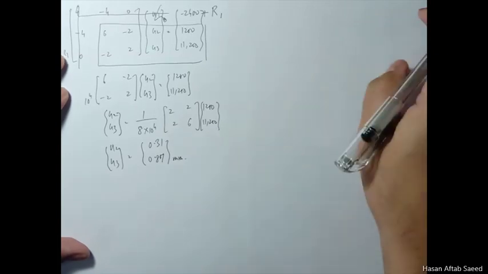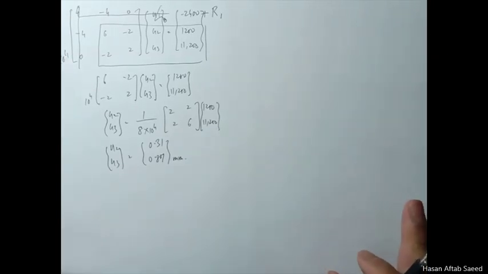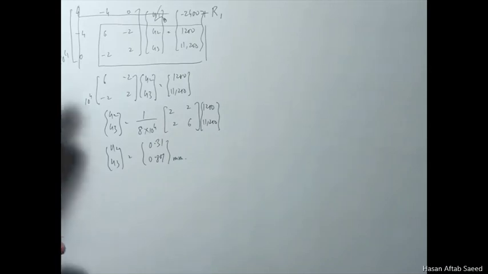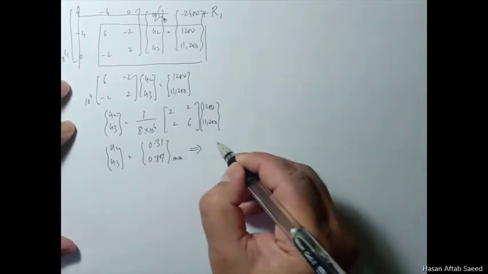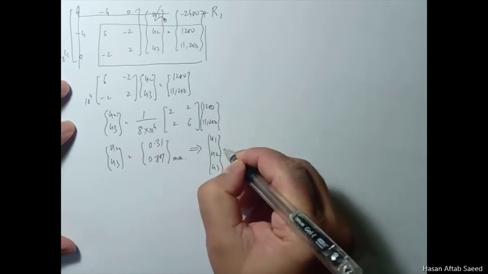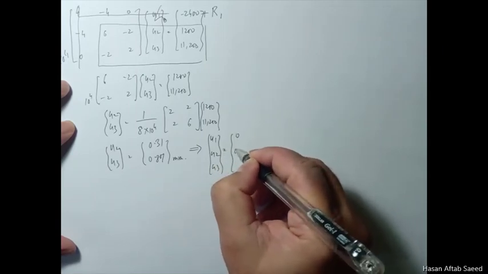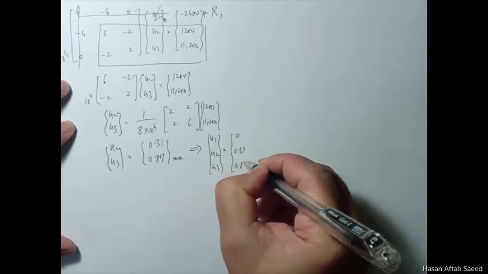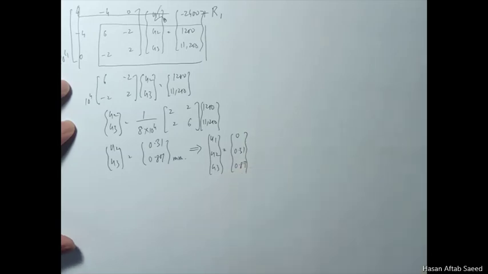The answer will be in millimeters because we have kept that convention, newtons, millimeters, and newton per square millimeter, so the answer will always be in millimeters. Now if I write the complete u1, u2, u3 vector: 0, 0.31, 0.87. Now the rest is simply post processing.